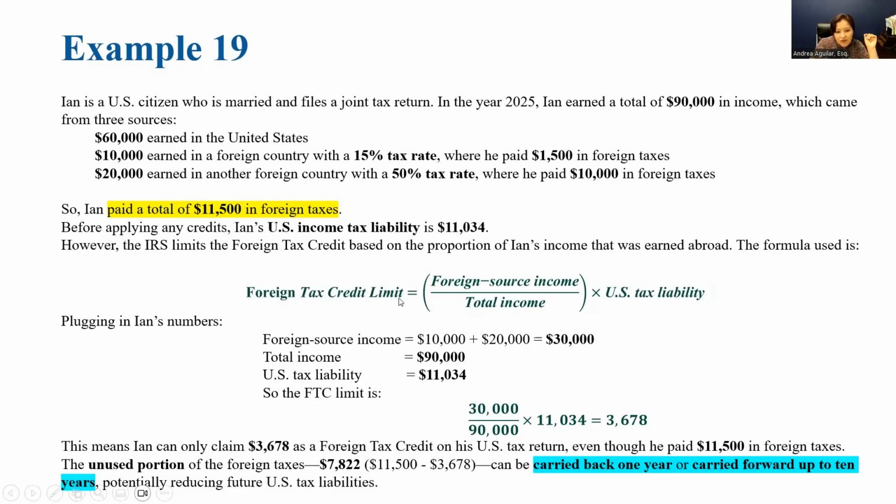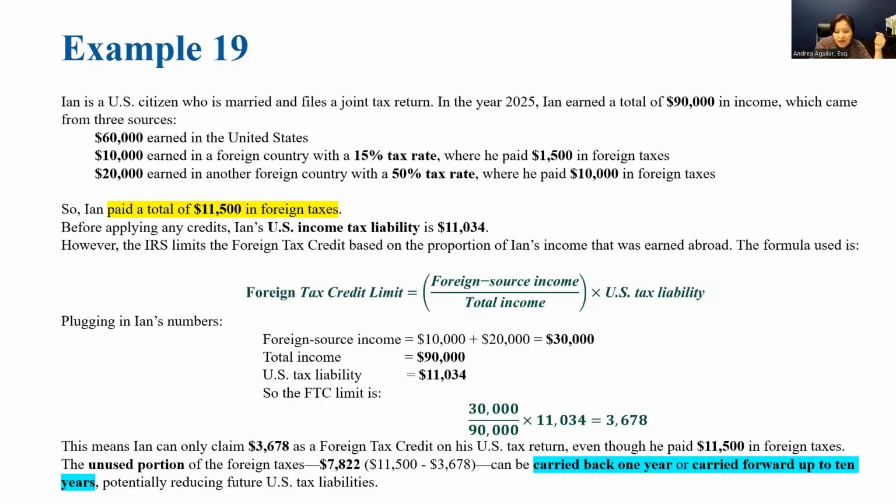Foreign tax credit limitation is equal to foreign source income divided by the total worldwide income, times US tax liability. So the limitation is foreign source income, how much he had made outside of the US: 10,000 plus 20,000, that's $30,000. What is the total income? Worldwide income, $90,000.